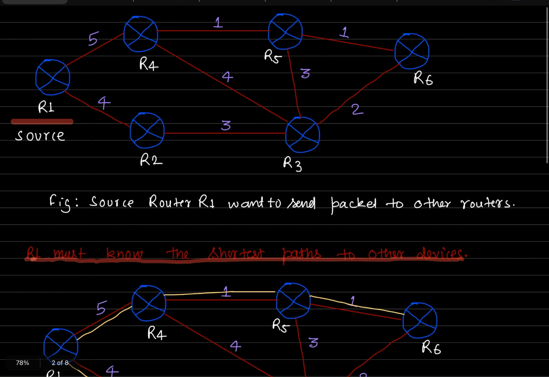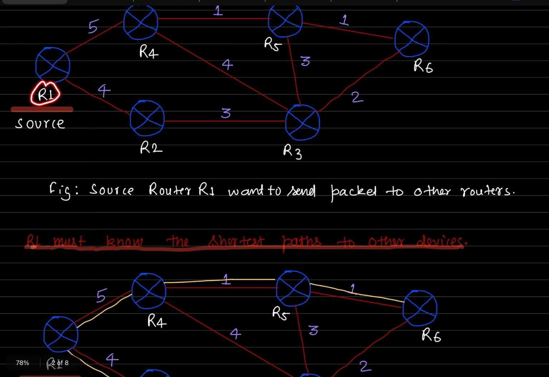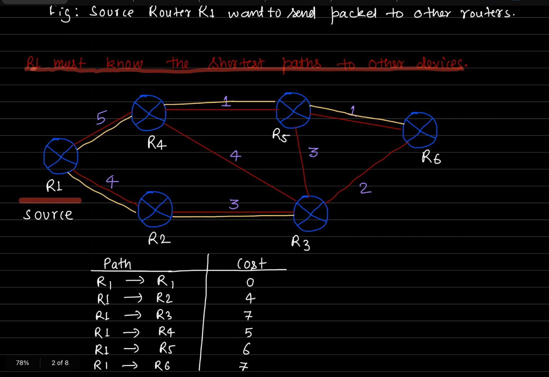Now suppose we want to find the shortest path from router R1 to all other routers present in this network. We run an algorithm from this source and find the shortest path from R1 to all other routers. Suppose we run the algorithm and we get this.